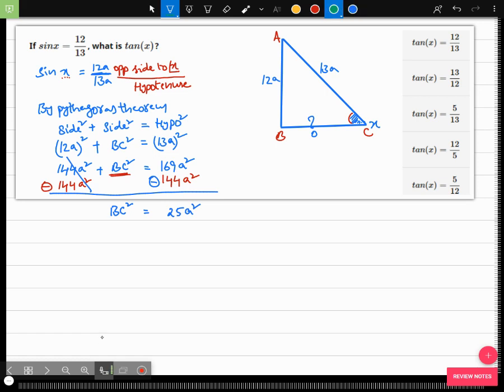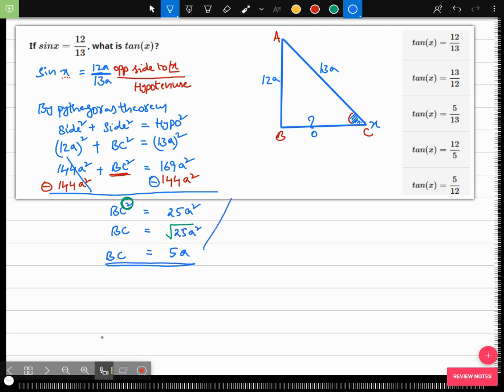As you know, if a square is removed, the other side's square root is to be taken. Therefore, the value of BC is the square root of 25a squared, which gives me BC is 5a.